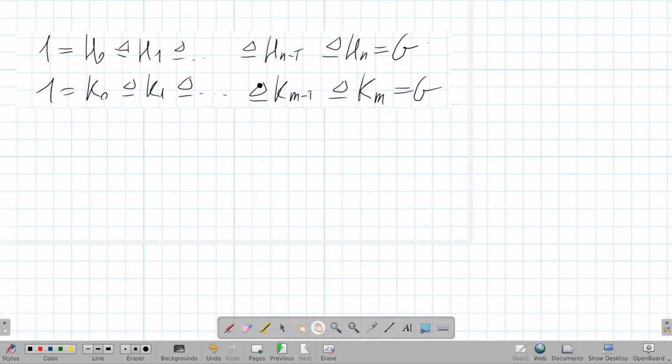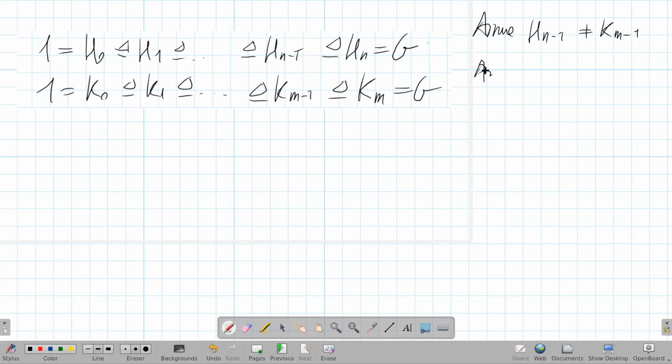Okay, so this time assume now that H_{n-1} is different from K_{n-1}.